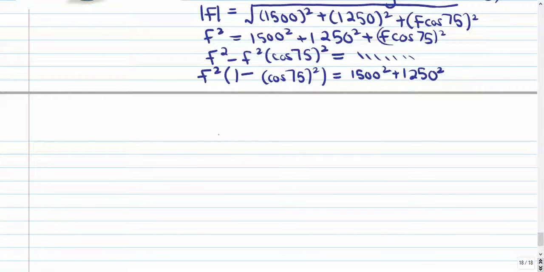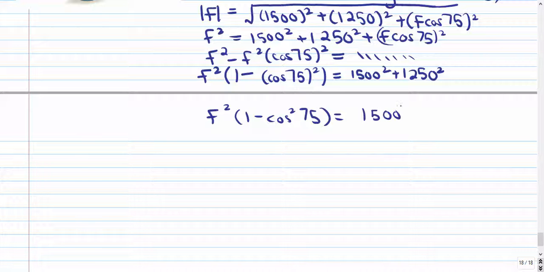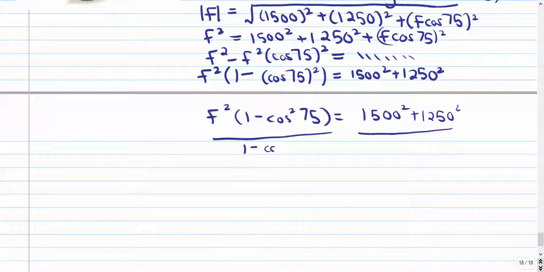Now we can divide both sides by 1 minus cos squared of 75.